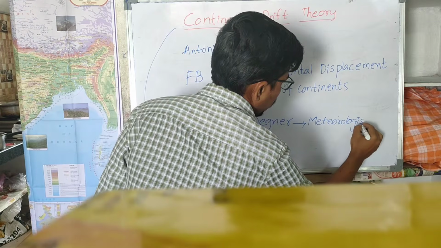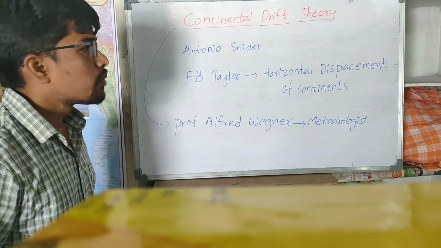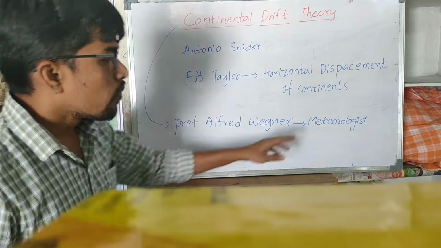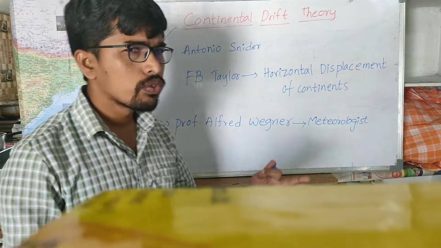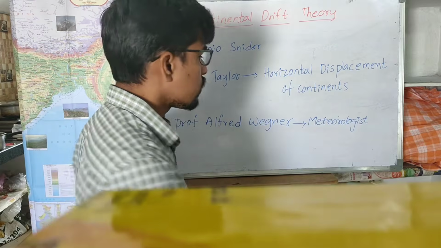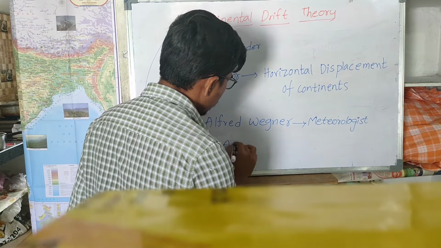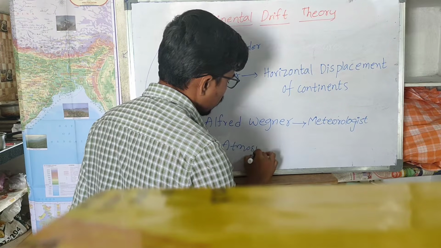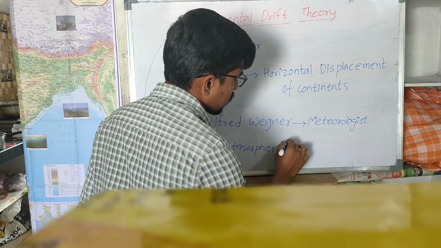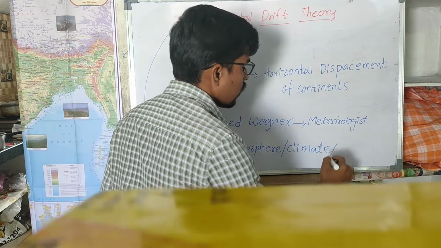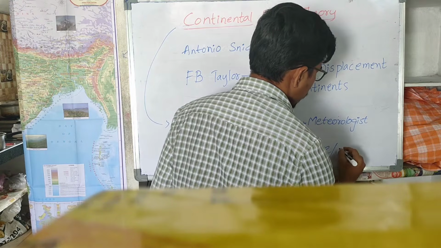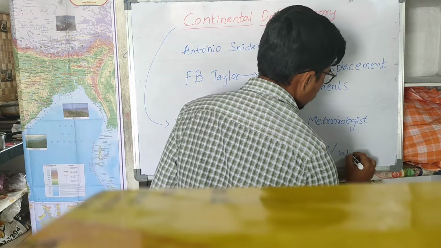Though he was a meteorologist, he gave the concept of the continental drift theory. What is the work of a meteorologist? Meteorology means the study of the atmosphere, the climate or the weather of certain geographical areas.